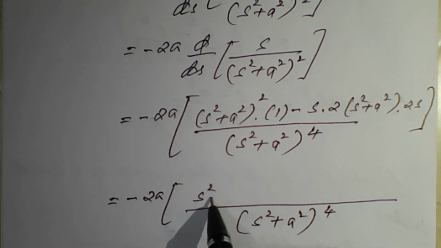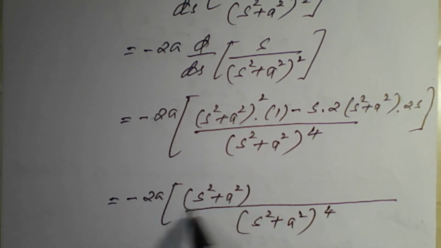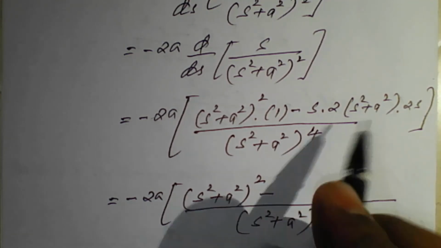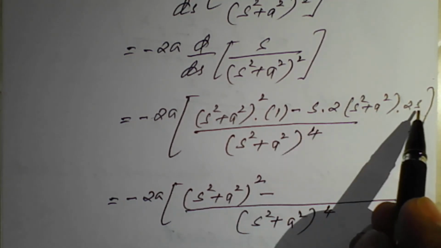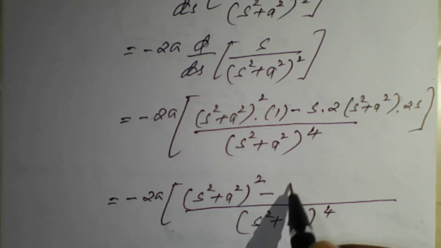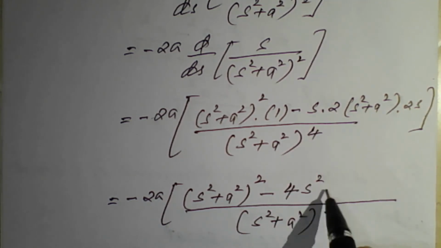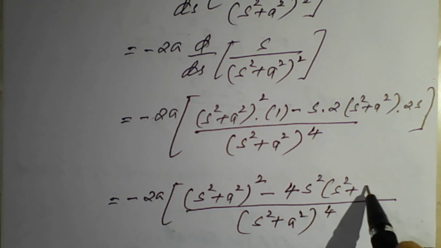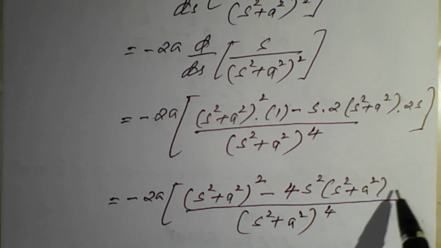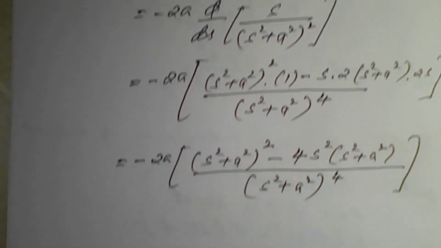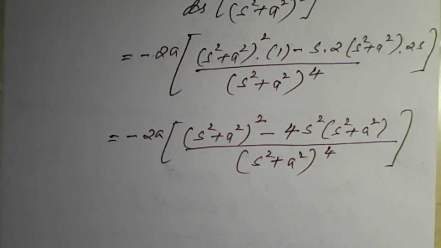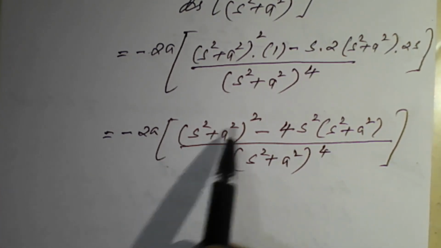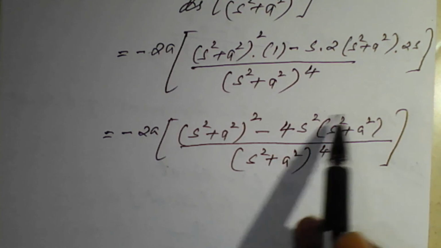So this s square plus a square whole square will keep as it is, open this bracket. So minus this s into s is s square, 2 2s are 4, it will become 4 s square into s square plus a square. So in the numerator you can find two terms, this is one term and this is completely second term.